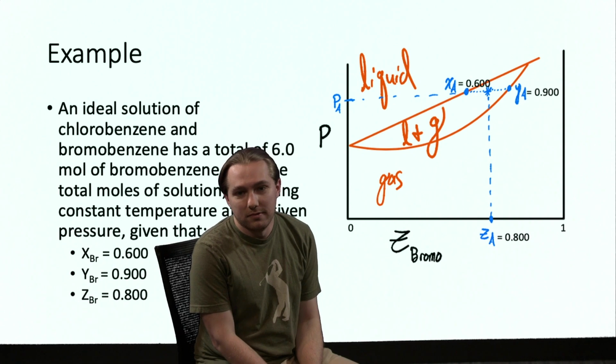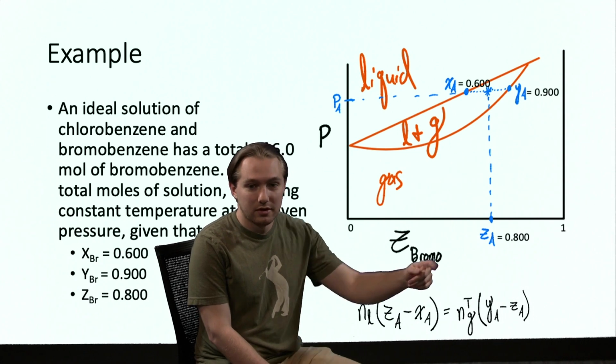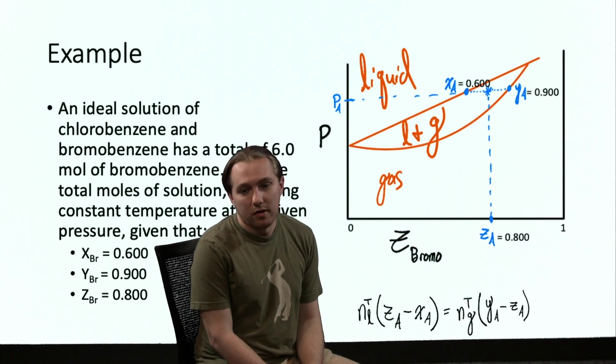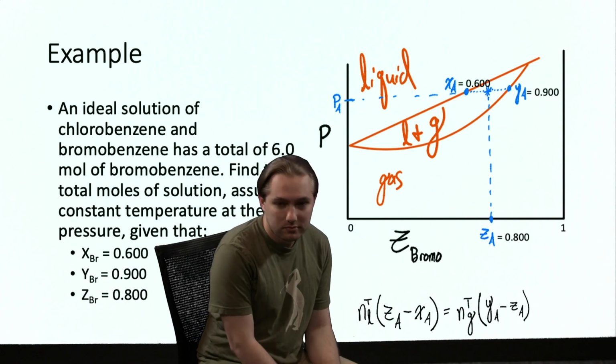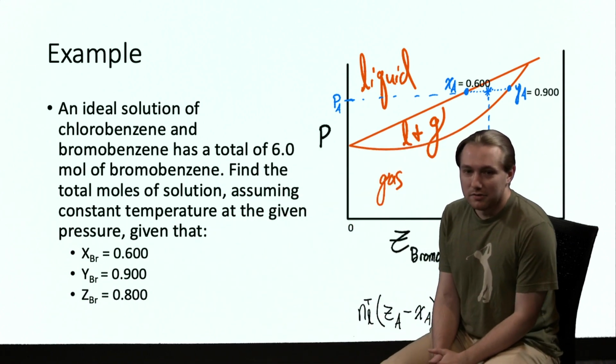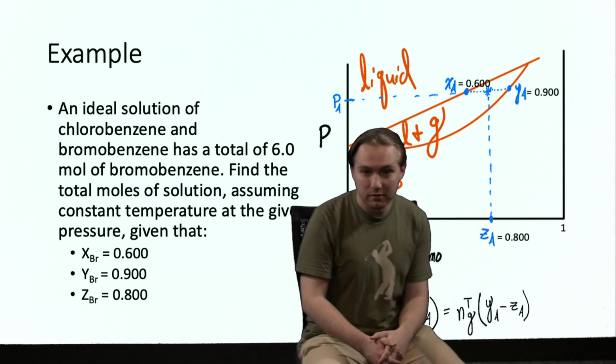So in order to get information about the total moles of liquid and gas, we're going to have to use the lever rule, which is down here. And that relates all the information we've been given so far to the total moles of liquid and gas. Okay, we'll pause here for a second so you can try the problem yourself.